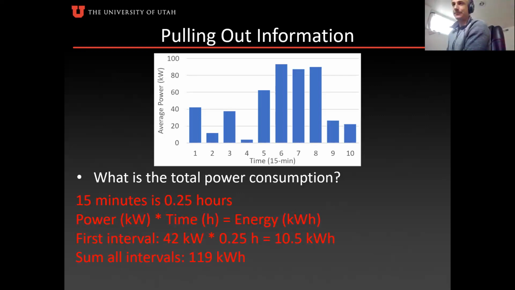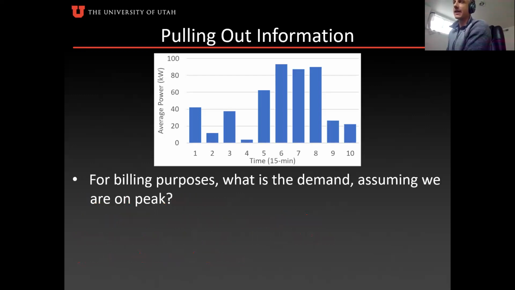Yeah. All right. So the next thing is, for billing purposes with this interval, what is the demand for these 10, 15-minute intervals? Or can anyone tell me what demand is as far as billing purposes go?